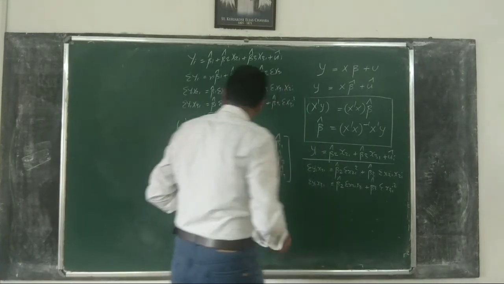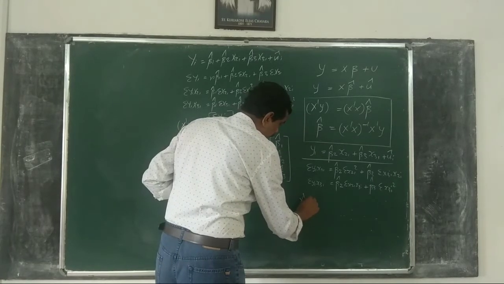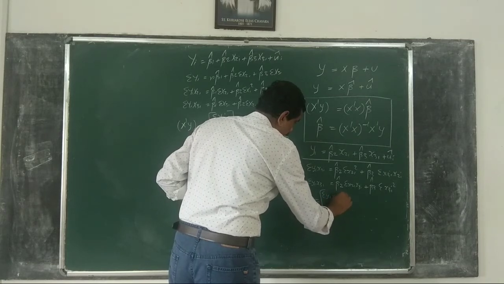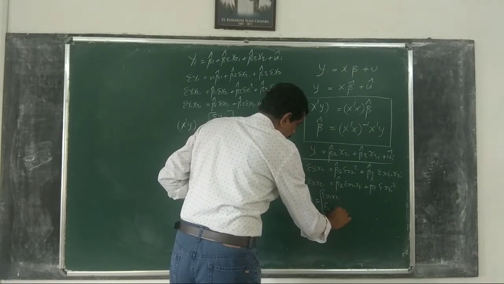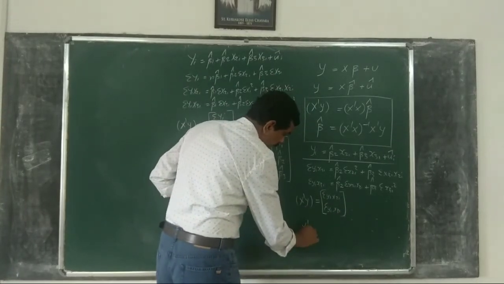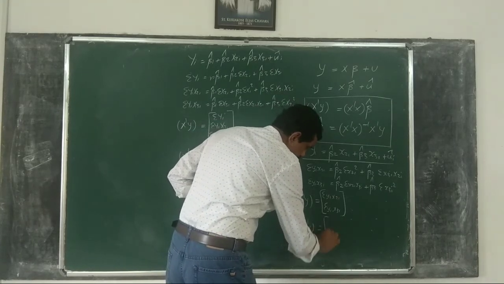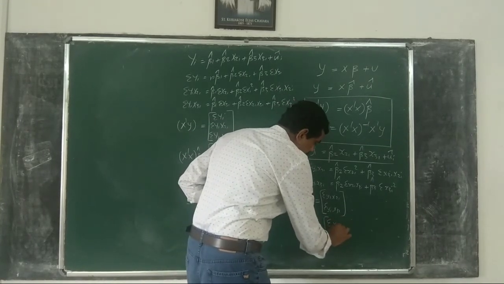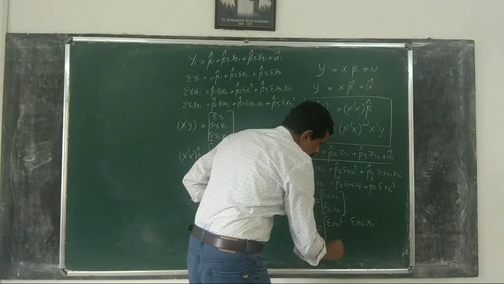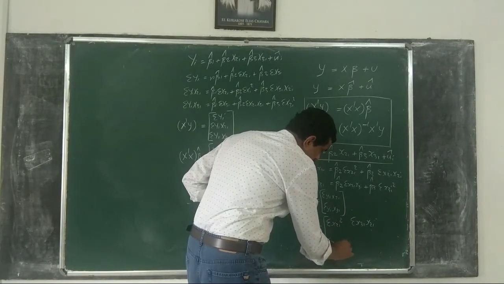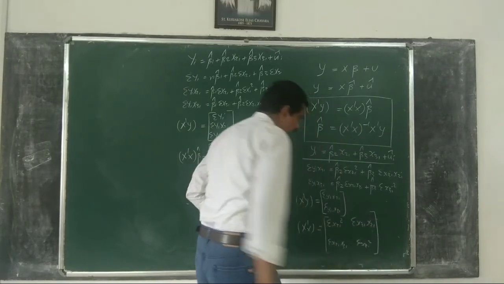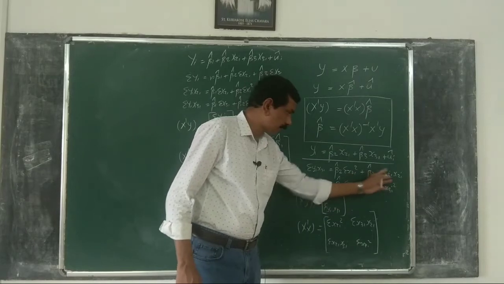Then in deviation form, x transpose y is equal to sigma yi x2i, sigma yi x3i, and x transpose x is equal to sigma x2i square, sigma x2i x3i, sigma x2i x3i, sigma x3i square. If you multiply this with the beta hats, you will get this part.